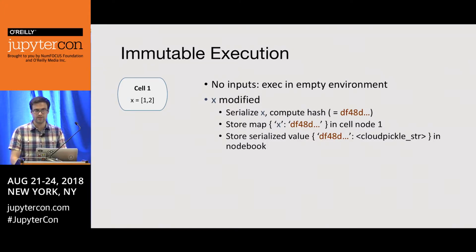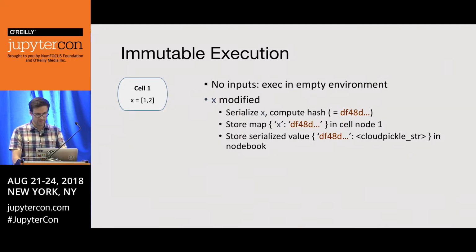This can exist either in memory or on disk. There's an option when you initialize the notebook to have this be in memory and more ephemeral, or on disk, with all the trade-offs you would think of for those. But the key thing is that there's this notebook data store that anything that needs to look up this value at a later point can pick it up from.